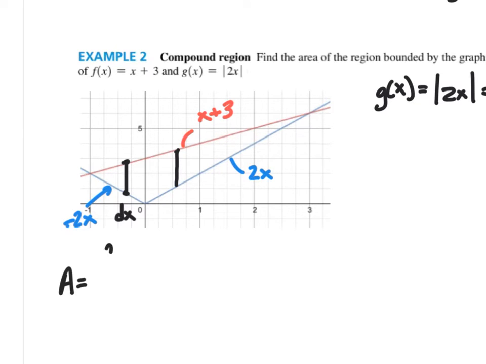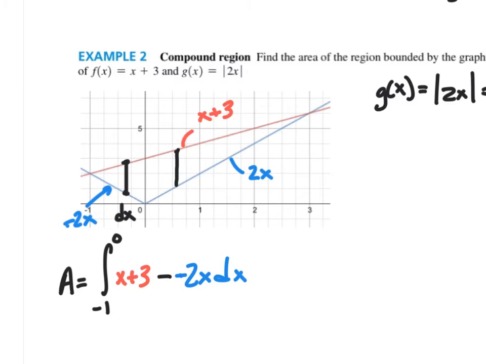So I'm going to write this as the integral from negative 1 to 0 of my top function, x plus 3, minus my bottom function, negative 2x, dx.